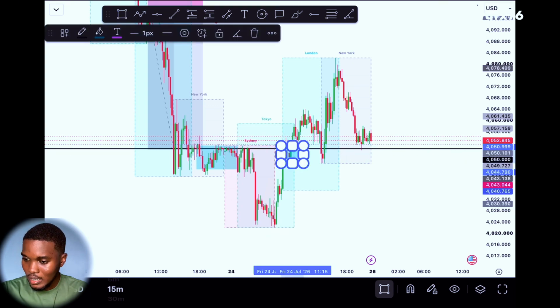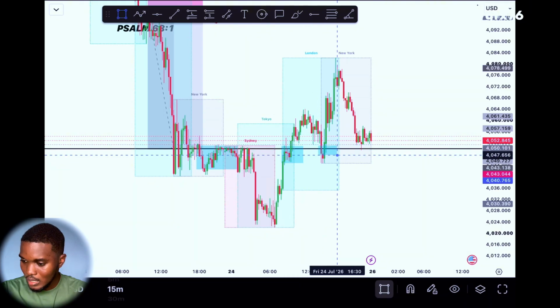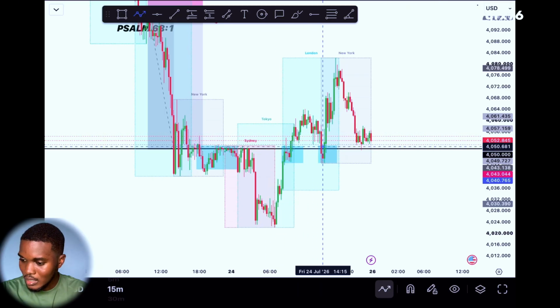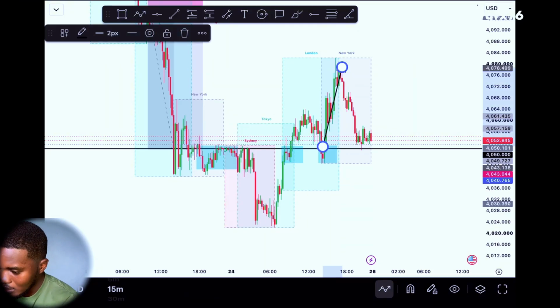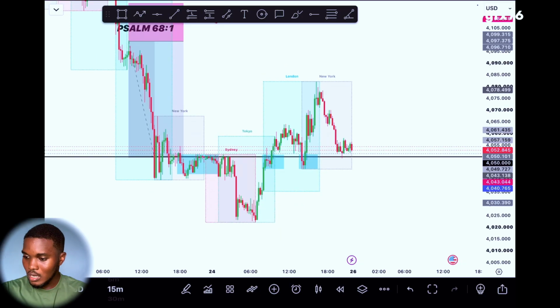Yes, came back and then tapped into this zone again, and you can see the reaction, upward movement, right? So after it tapped, upward movement, for about 280 pips, approximately. So this is how you do it.